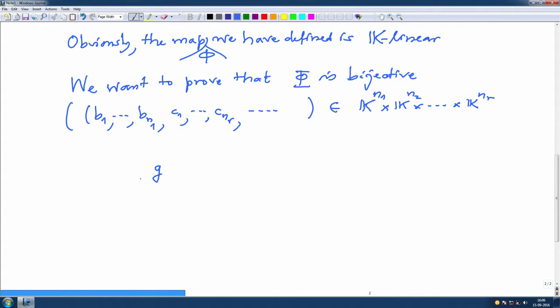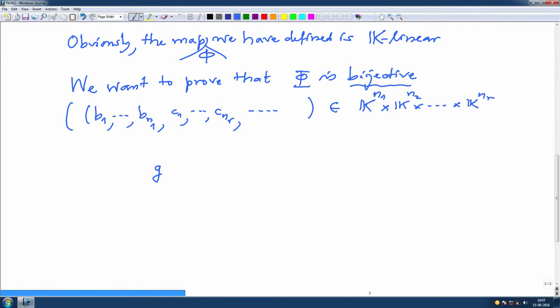That means when I evaluate g at A1 I get B1, when I evaluate its derivative at A1 I get B2, and when I evaluate the derivative of order n1 minus 1 at A1 I get Bn1, and similarly for the next blocks. Not only that, the polynomial will be unique because this map is bijective.